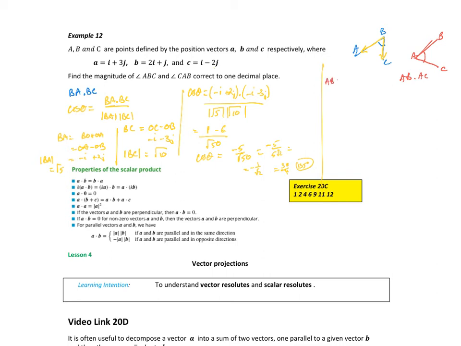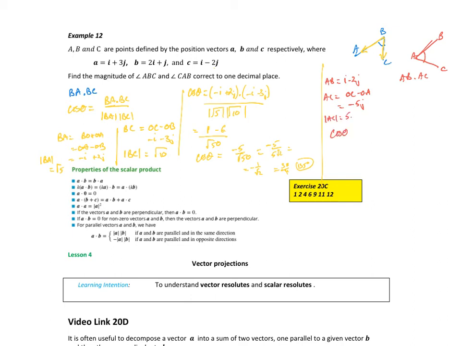So AB is equal to I minus 2j. AC we can work out. AC is equal to OC minus OA, which is 1 minus 1, which is 0, and minus 2 minus 3 is just minus 5j. So the magnitude of AC is just 5.